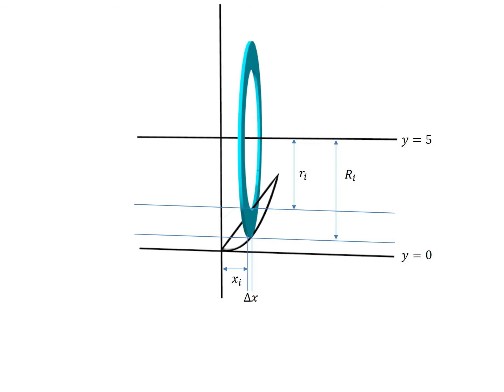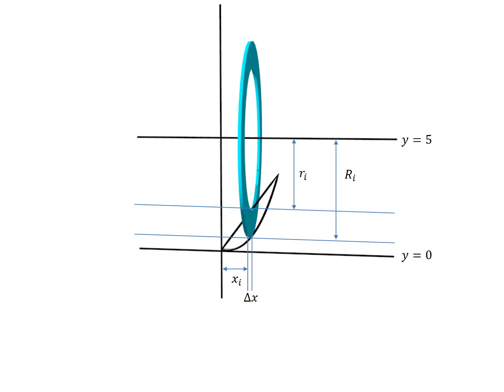So the ith washer, the subscript just refers to the number that washer is. So i here goes at 1 for the first washer and goes up to the 14th washer, which will be i equals 14.